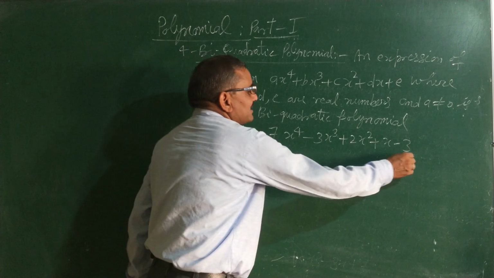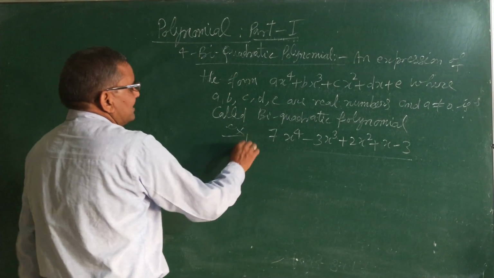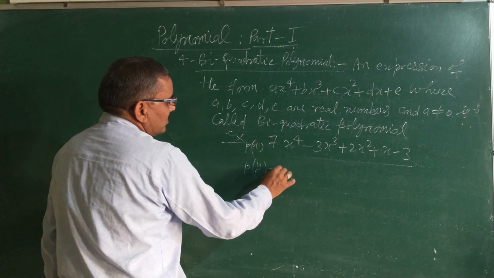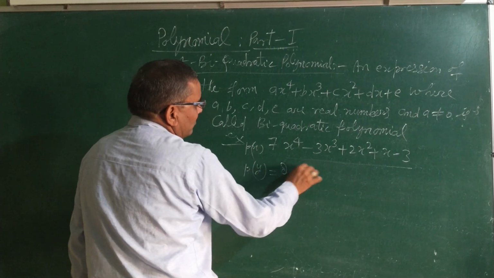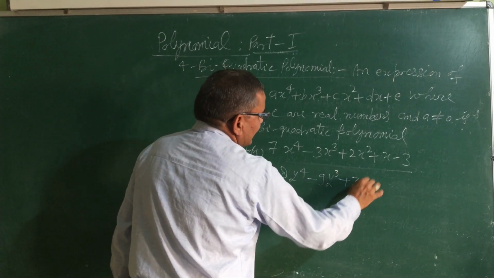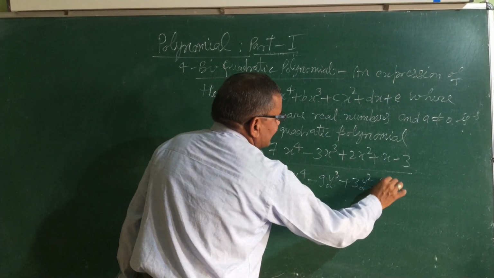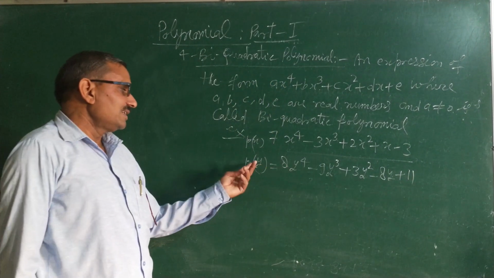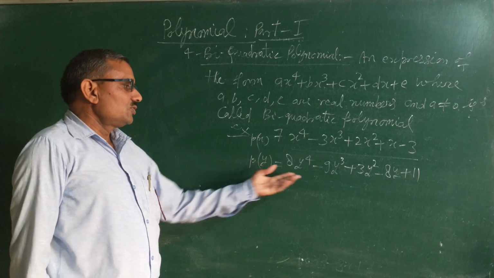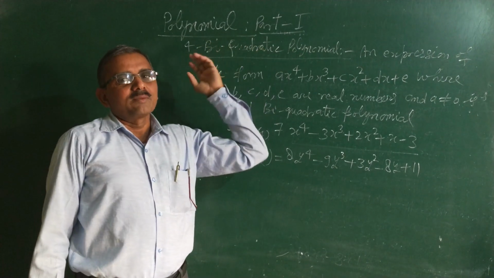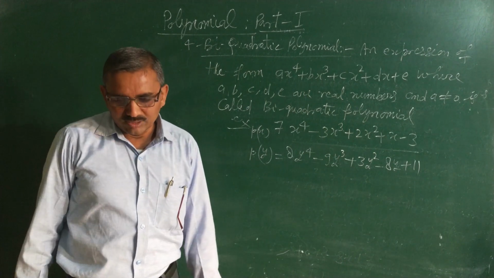You can make another example. Now you can write p of y equal to 8y power 4 minus 9y cube plus 3y square minus 8y plus 11. This is also a polynomial in y. So you can take such types of examples, that is a biquadratic polynomial.